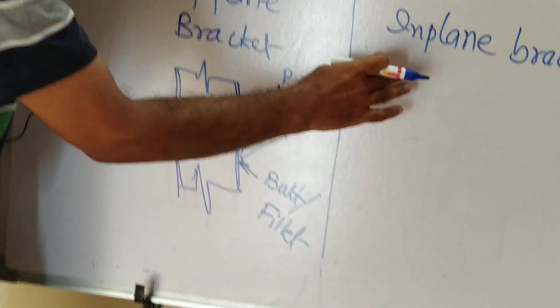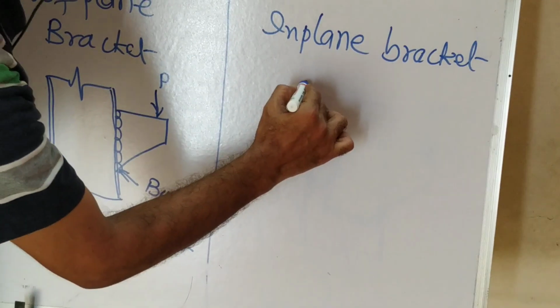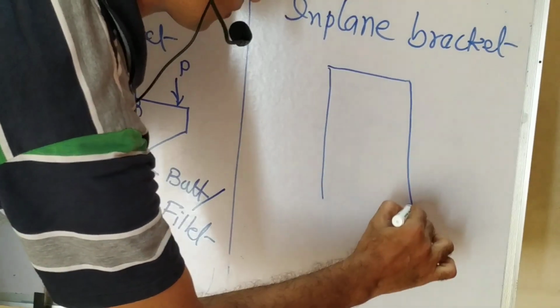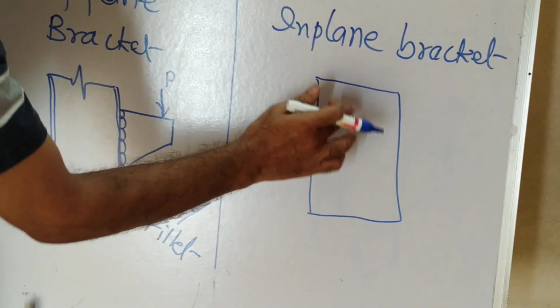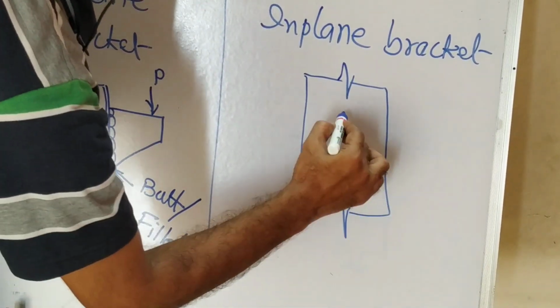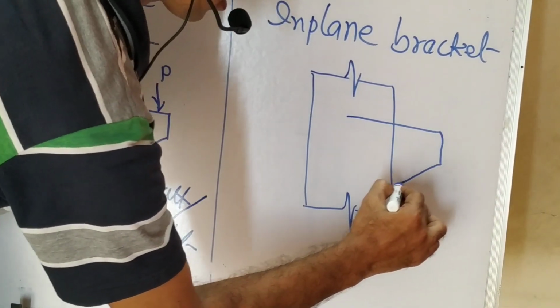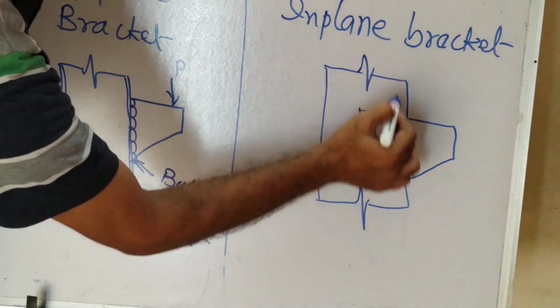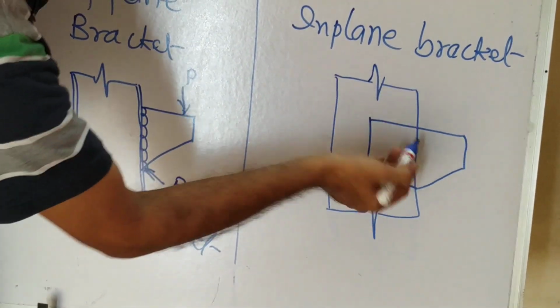Similarly, there is an in plane bracket, where if you look carefully, my flange is here and my plate is something like this. Now I am welding to the flange in the plane of the flange.